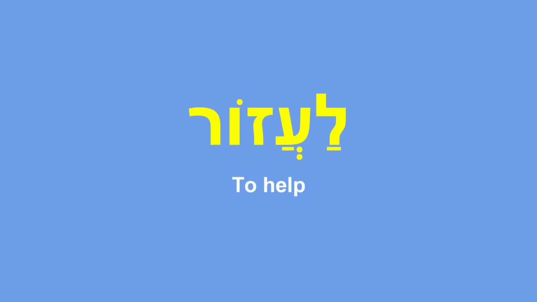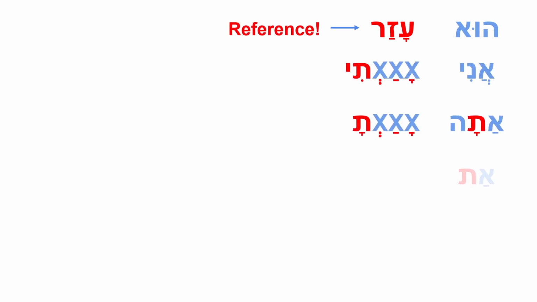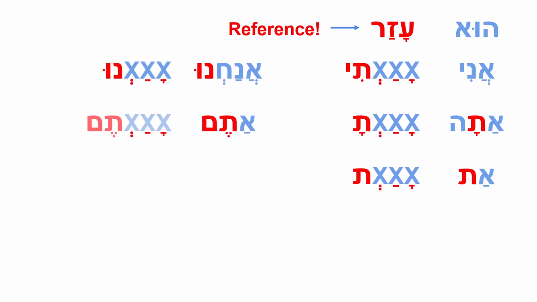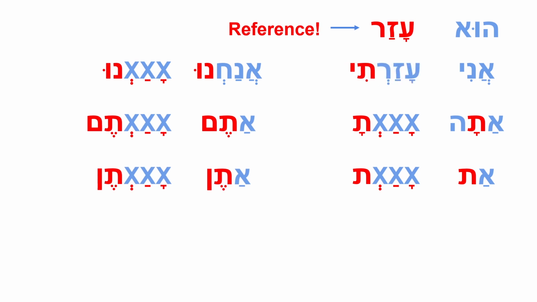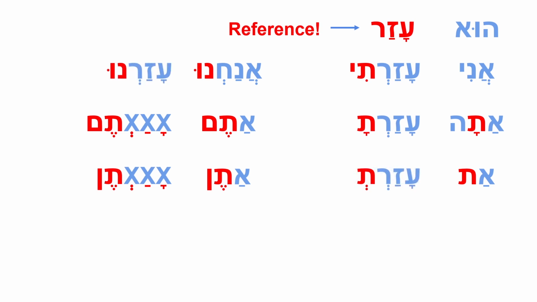La'azor, to help. Hu azar, it is the reference point. Ani ends with ti, ata ends with ta, at ends with tu, anachnu ends with nu, atem ends with tem, aten ends with ten. So let's take azar, place it into the conjugation pattern, and it will be ani azarti, ata azarta, at azart, anachnu azarnu, atem azartem, aten azarten.